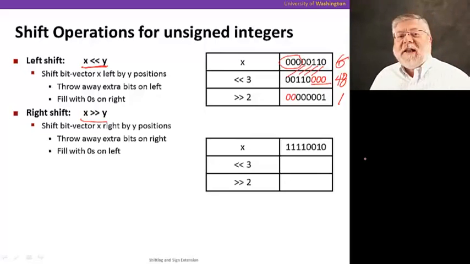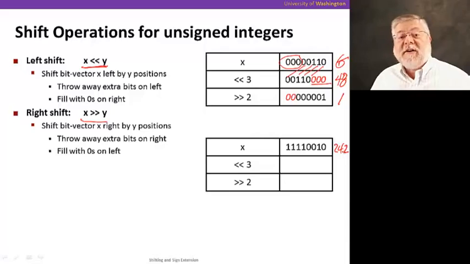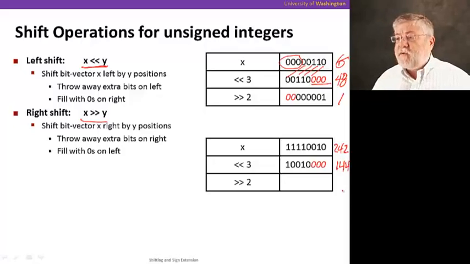Let's take a look at this other example with the number 242 represented in our 8 bits. When we shift to the left by 3, we are going to multiply that by 8. So we're going to get this value, which is actually the number 144. Well, that's not 242 multiplied by 8.